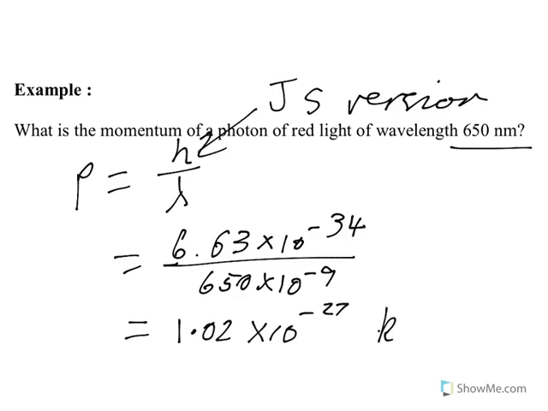And seeing as that's momentum, it's kilogram meters per second. So as you can see there, 10 to the minus 27, it's not much momentum at all. However, there is some momentum. So theoretically, we can calculate that there's some momentum.